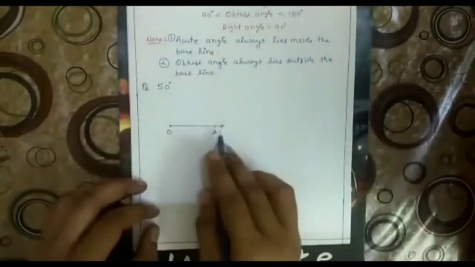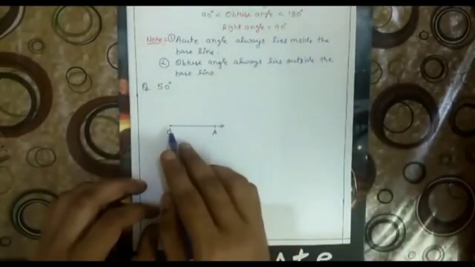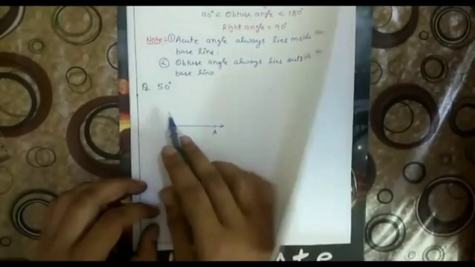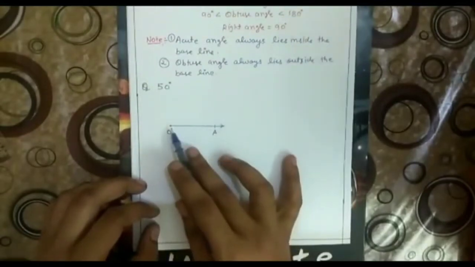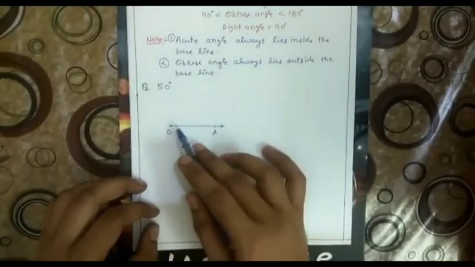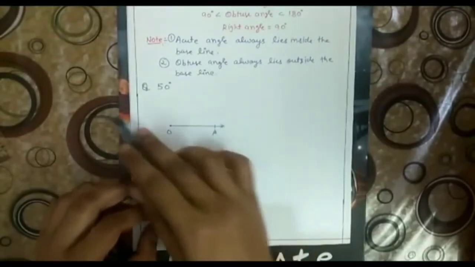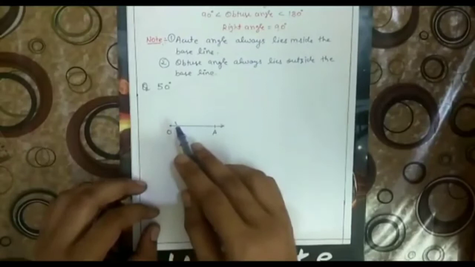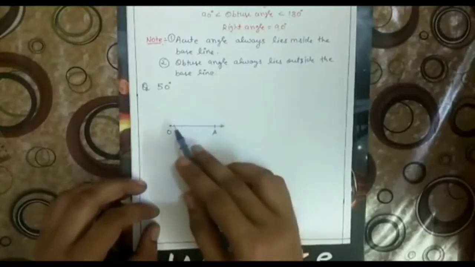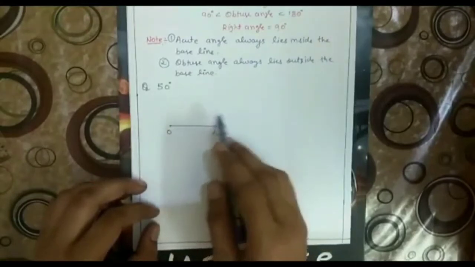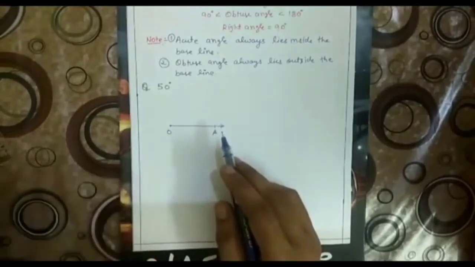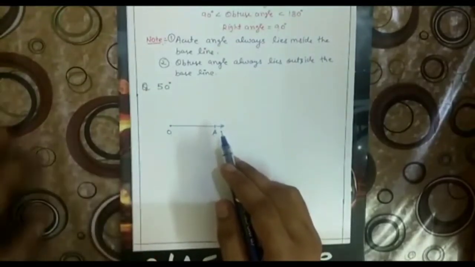So this is the baseline. It means if you are drawing an angle of 50 degree at the point O, then the ray will lie inside the baseline, not outside. It always lies inside the baseline. So on the right hand side your angle of 50 degree lies.